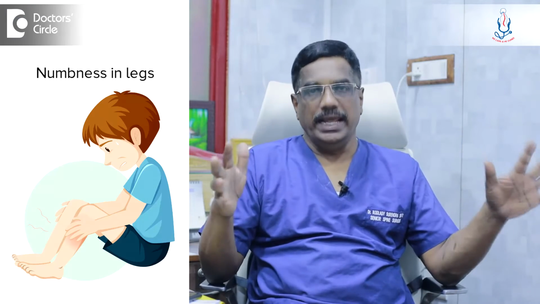In that, the patient will have tingling and numbness in one or both the hands and in both the legs. There will be gradual development of weakness in the hand, forearm or arm and or the shoulder muscles as well as weakness in the leg muscles. Patient finds it difficult to walk.